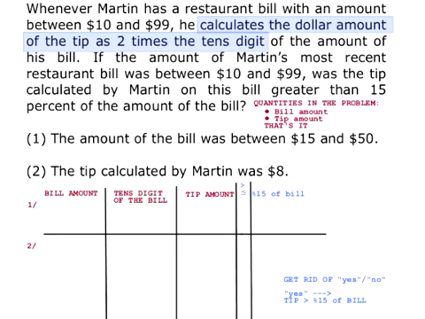There we go. So the word no means that the tip is less than or equal to 15% of the bill. So there we go. Okay. And then I'm going to write down stuff so that I know what my goals are.